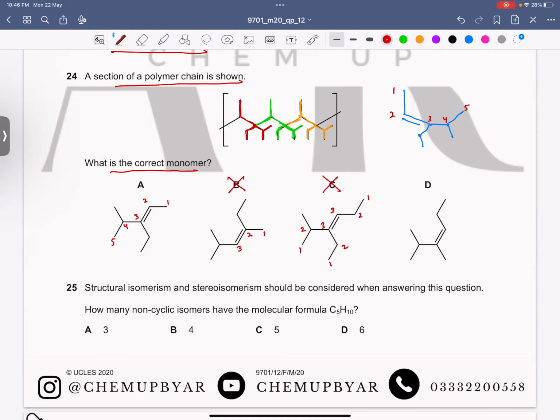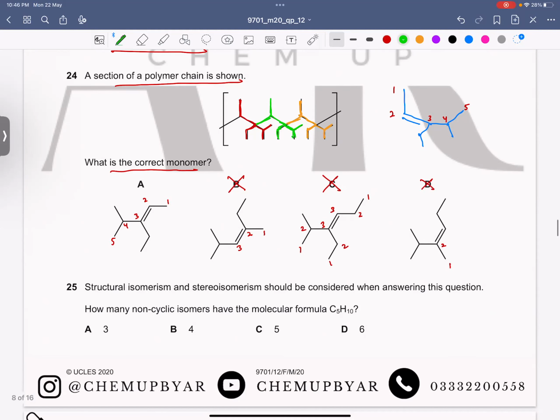So that's why it is also considered wrong. Now, if you look at D, 1, 2, the second carbon has a branch and double bond both. So D goes wrong as well. It means our correct answer is A. A clearly resembles the monomer unit that I have drawn. Is this clear to everyone?